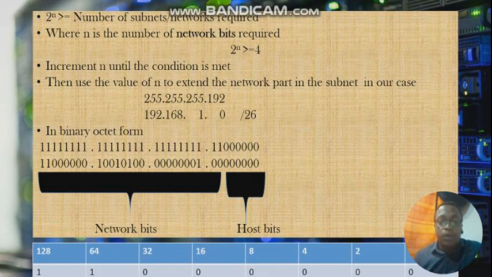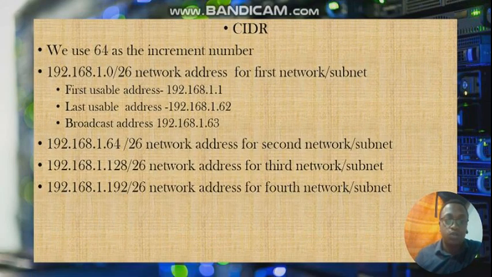Now we are going to take the value that is in the leftmost part, that is a 1, and in our case it is 64. So we are going to use 64 as the increment number to divide this network. Remember, in 1 octet we can have a maximum number of 255 users.